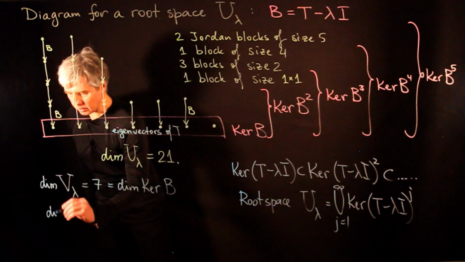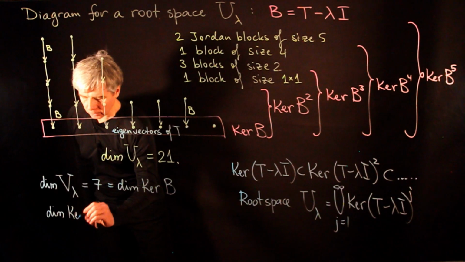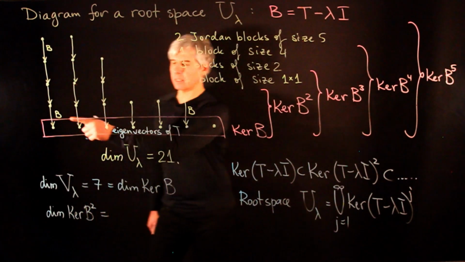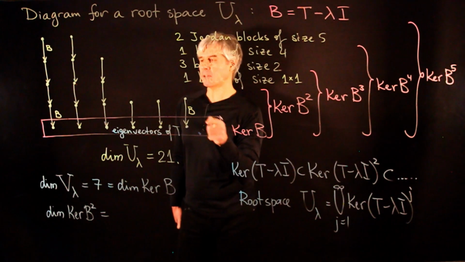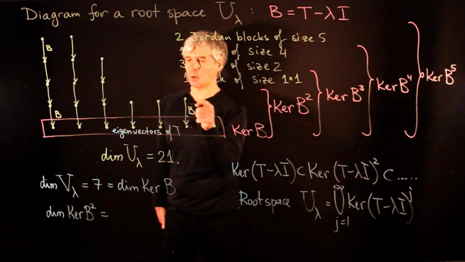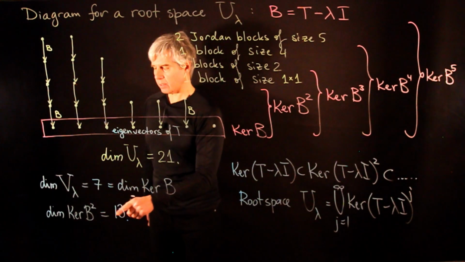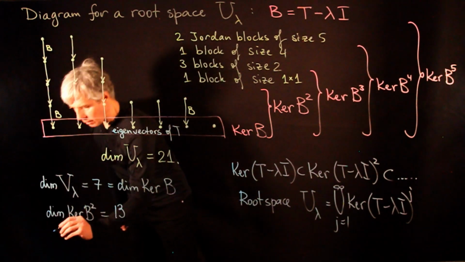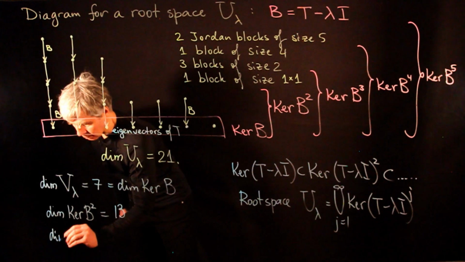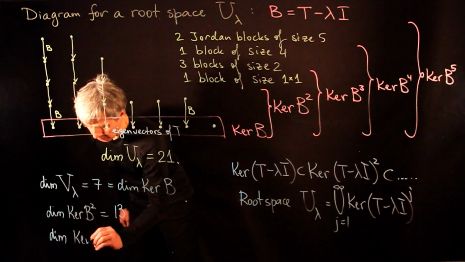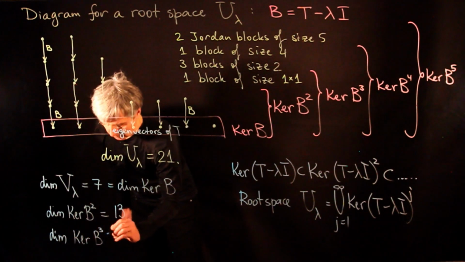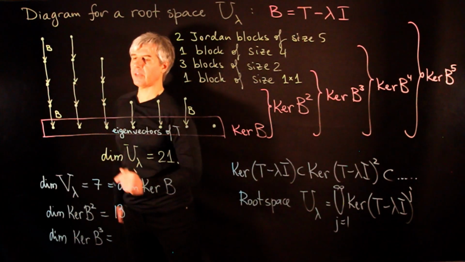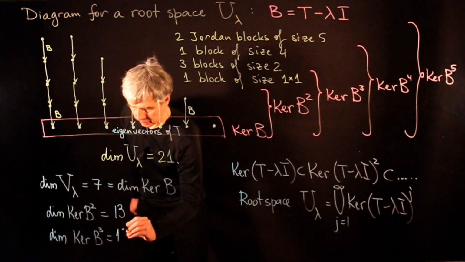If we take the dimension of the kernel of B squared, then we need to add the 7 vectors on the ground level plus the 6 vectors on level 2. So we get that the nullity of B squared is equal to 13. Then the dimension of the kernel of B cubed will be 16, as it includes 3 additional vectors on level 3.